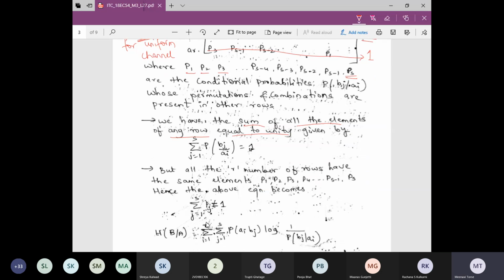Here j varies from 1 for the first row element, j equals 2, and so on, up to j equals s. So summation j equals 1 to s, P(b/a) equals 1. That is, the sum of elements in any row of a channel matrix is equal to 1.